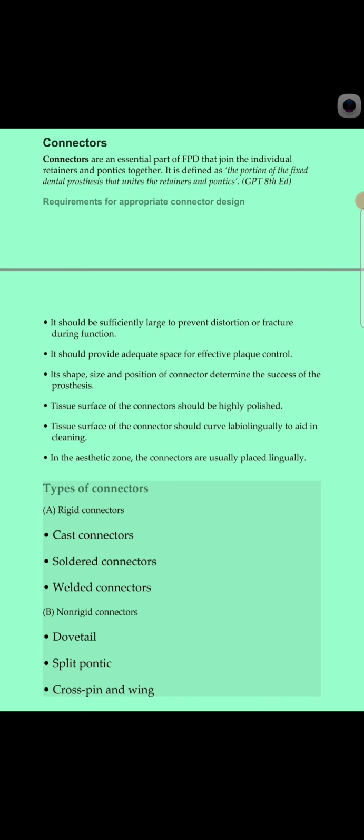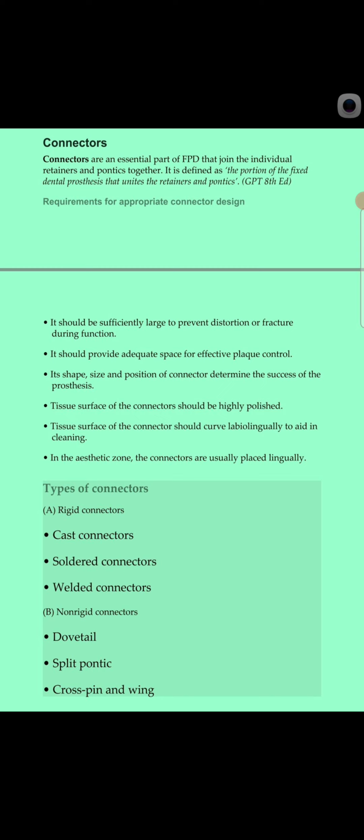In a soldered connector, in the space between the retainer and Pontic, we flow a metal whose melting point is less than the metal of the Pontic and retainer. This is a soldered connector. Next is the welded connector.